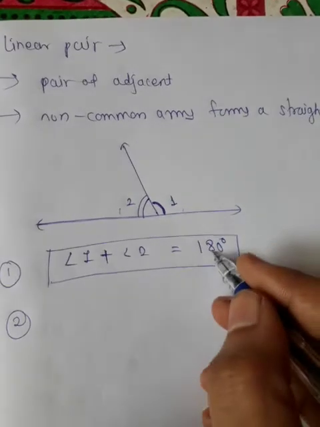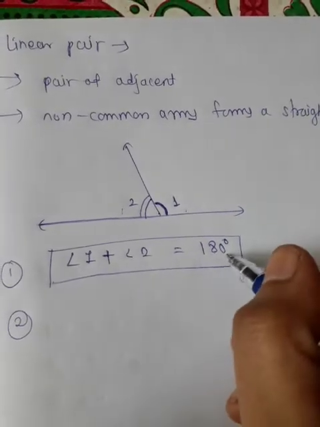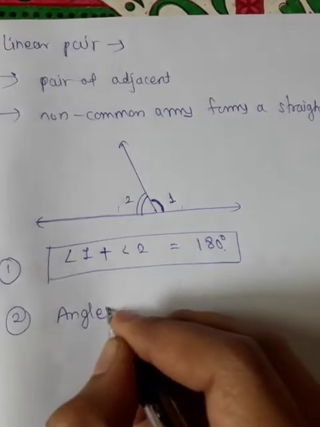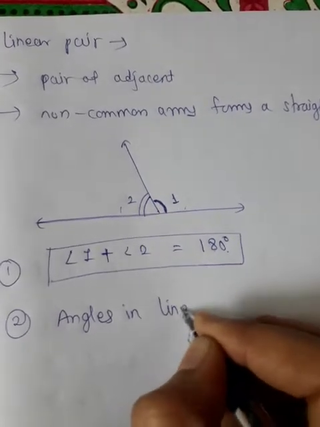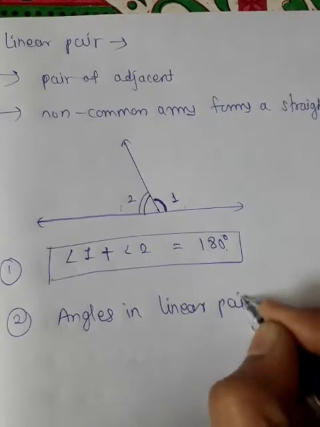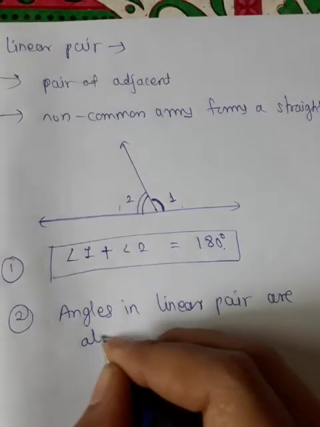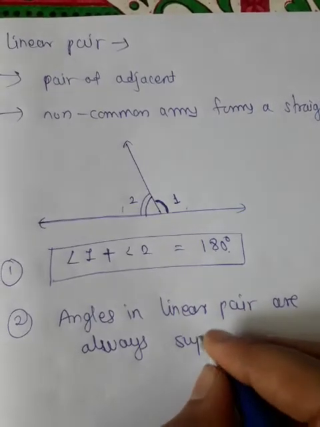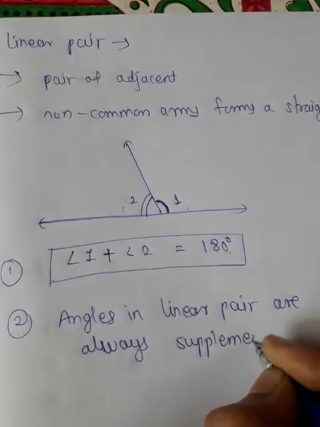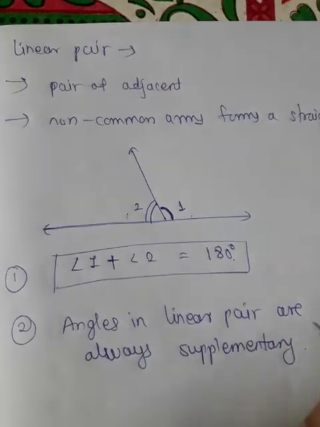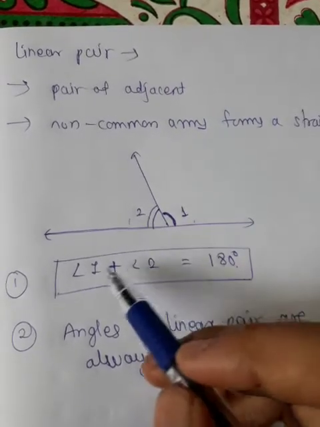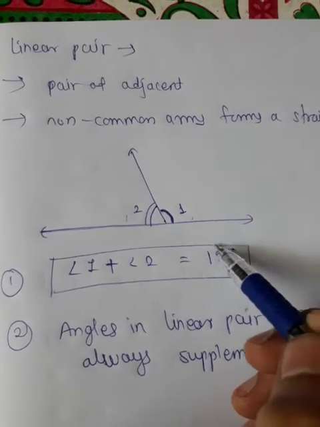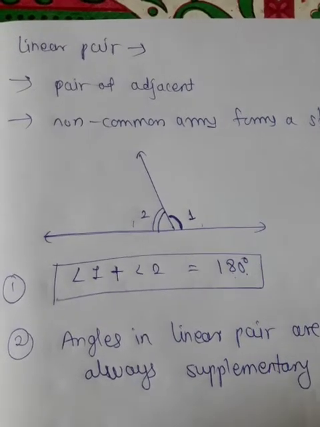And we know if the sum is 180, then they are supplementary. So angles in a linear pair are always supplementary, because the sum of measures of angles in a linear pair is always 180, and if the sum of measures of two angles is 180, then they are supplementary.